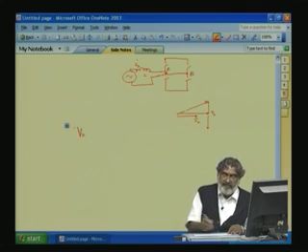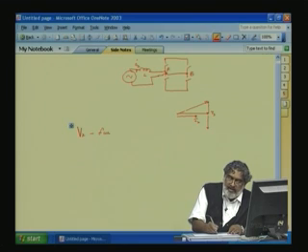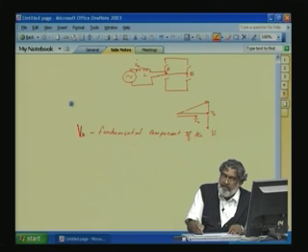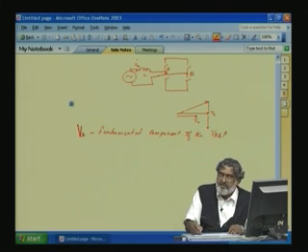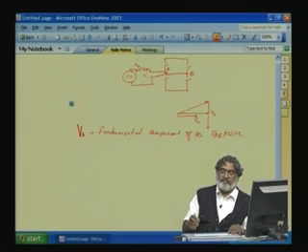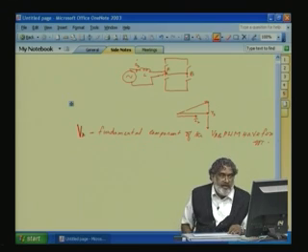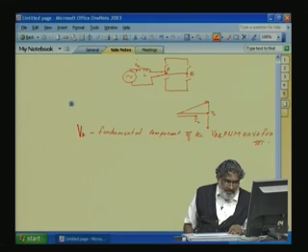VR is the fundamental component of the VAB PWM waveform. That is VR, the fundamental component of the VAB PWM waveform.